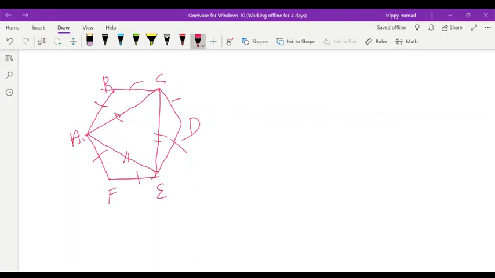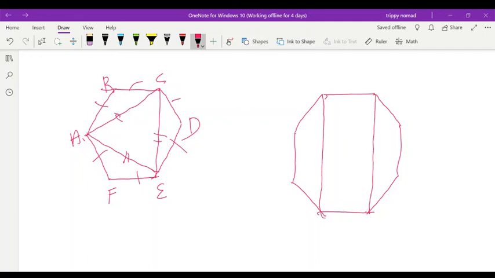Now you see, so what is this we are getting?